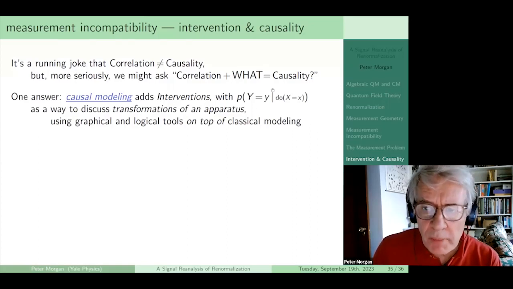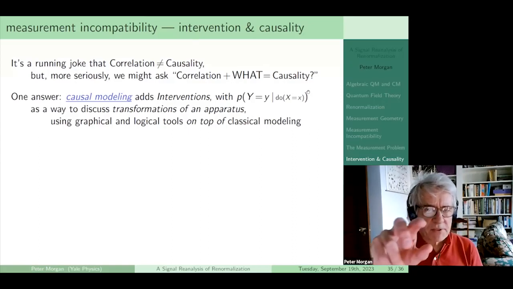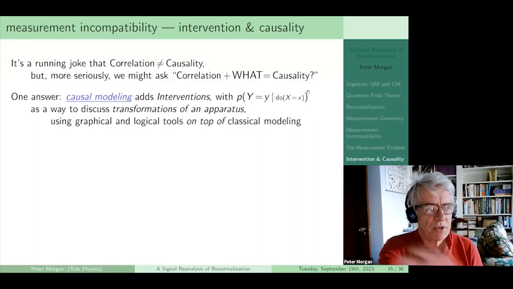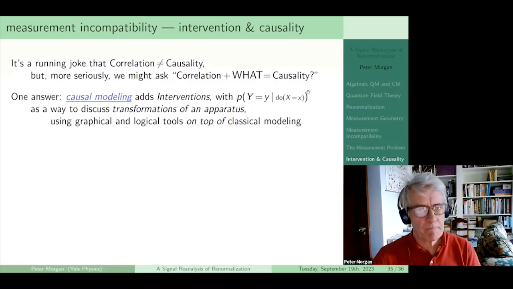So they introduce this notation in which they say, well, we set the knob to the value x, and then we try it again with the value x1, and x2, and we see how the probabilities change. And that gives us an idea as to whether changing the setting changes the resultant probabilities, so it gives us an idea about causality.